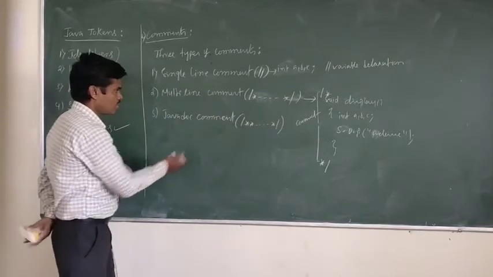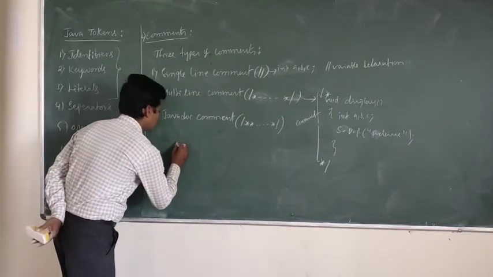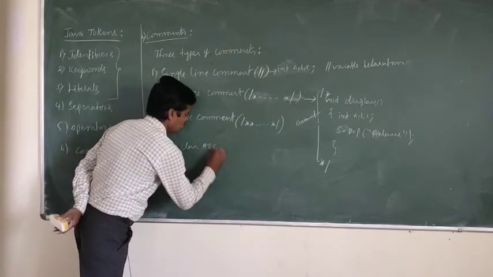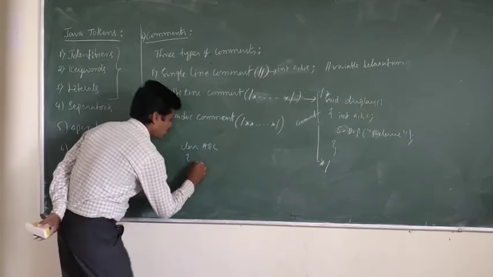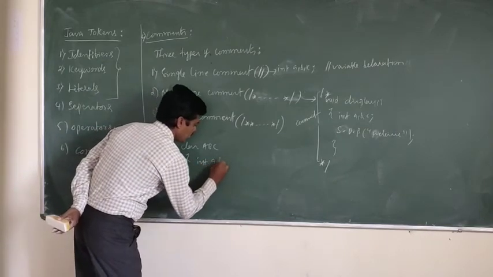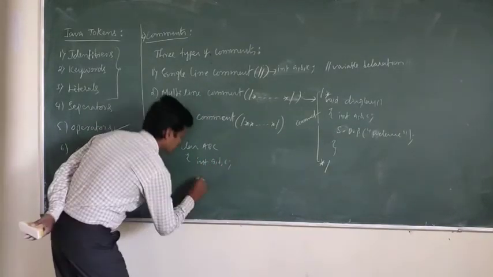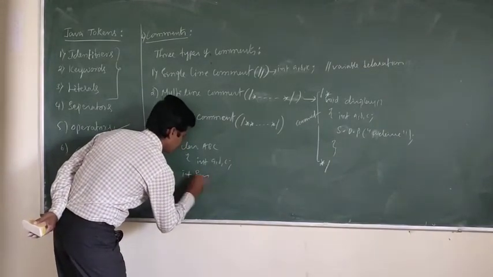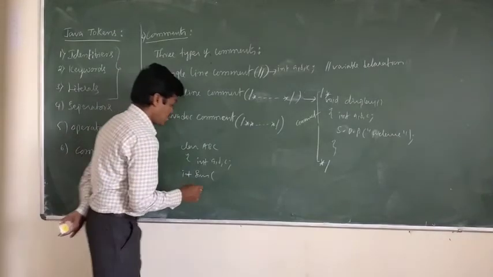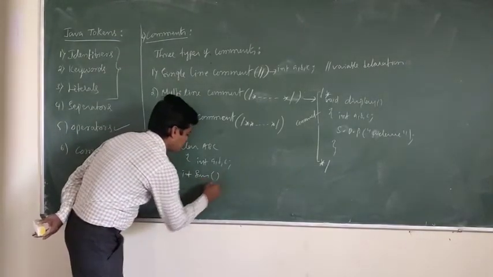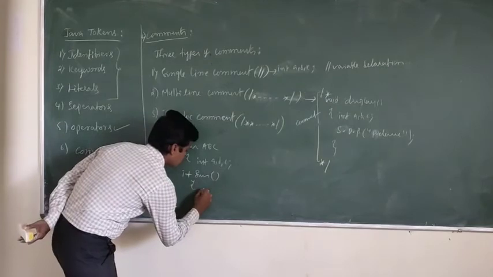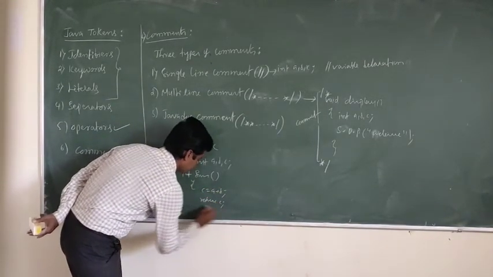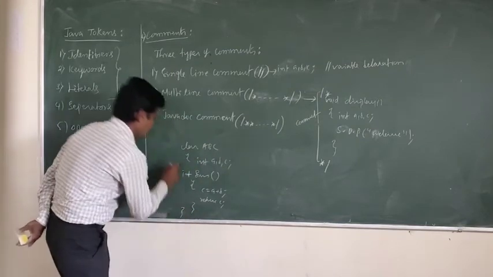For example, if you write some code: class ABC, int a, b, c, then int sum, c is equal to a plus b, return c, and finally the class ends.